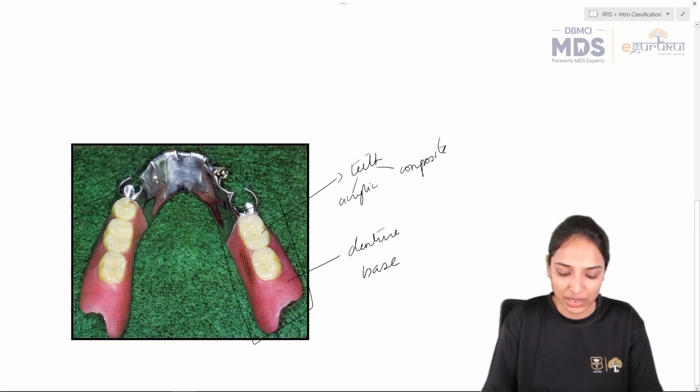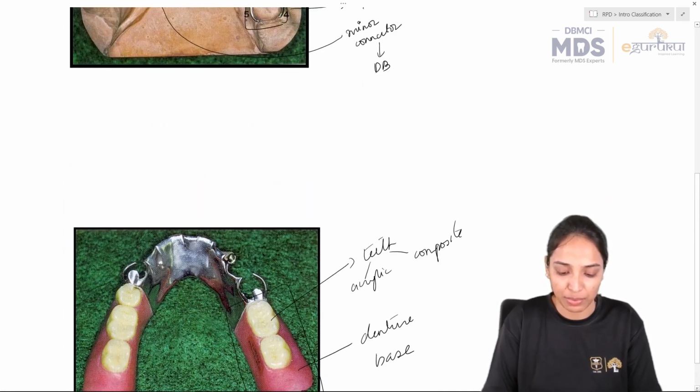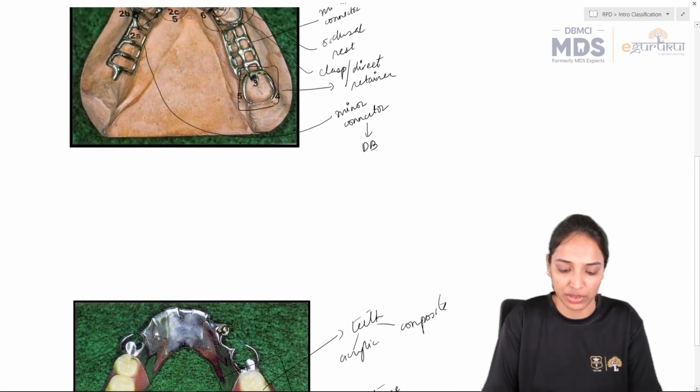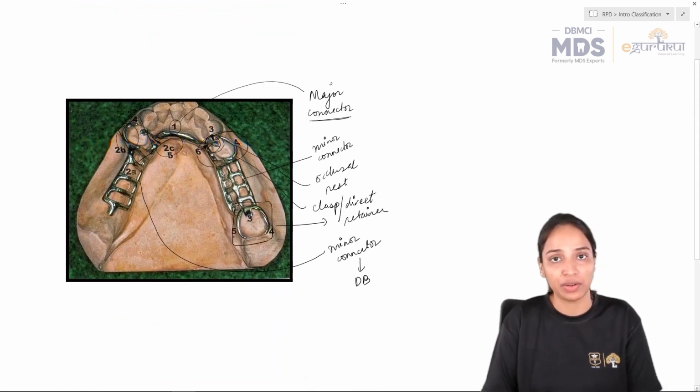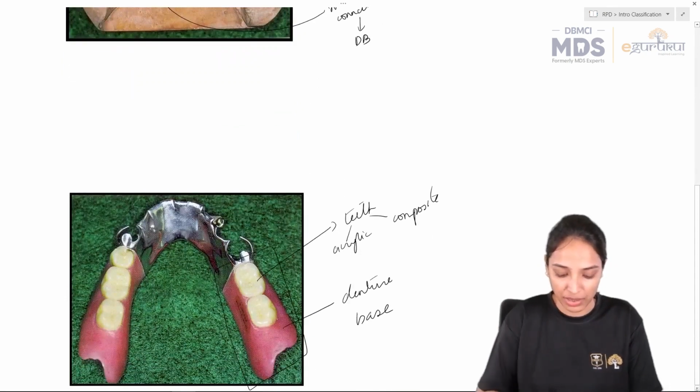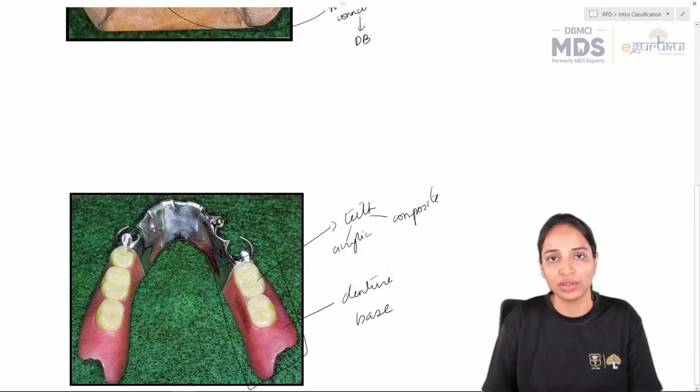So in totality, there are several components of a cast partial denture which are part of the framework and which are a part of the completed cast partial denture that we deliver to our patients. Individually, these components are very important for you to have a better understanding and design the cast partial denture. Individually, all of these components have a particular set of requirements which are supposed to be fulfilled to effectively deliver a cast partial denture.